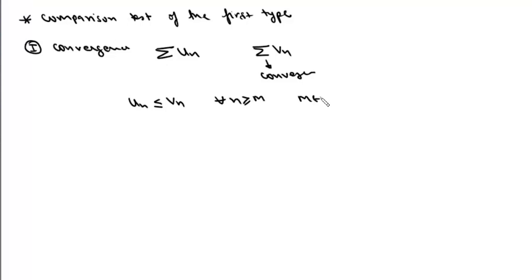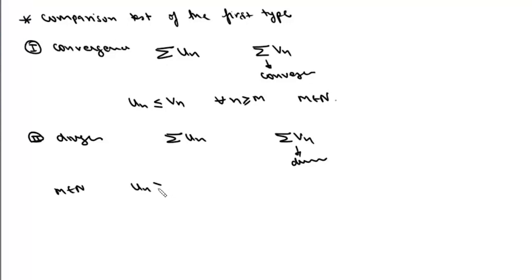So for a natural number m, we have un less than or equal to Vn for all n greater than or equal to m. And if we have to test for divergence of un, then we'll take a divergent series Vn such that there exists a natural number m for which the corresponding term of un will be greater than or equal to Vn for all n greater than or equal to m.